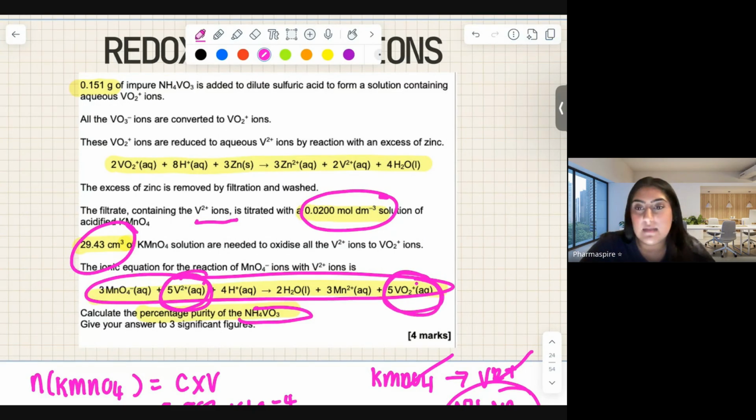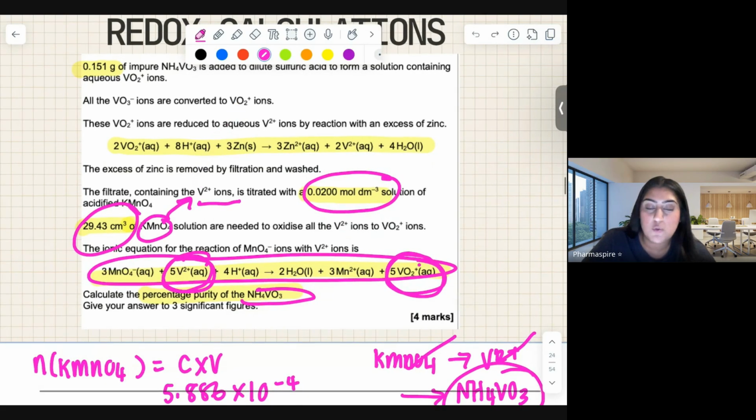So the moles are going to be the same. You with me? We want the V2+ because we're working backwards in the question to get to the original. They're saying they started with NH4VO3, reduced it to V2+, and then went to VO2+ from that. That's why we're looking for V2+, because we're working backwards. Yeah? Okay, cool. Well done. With redox, always work backwards.